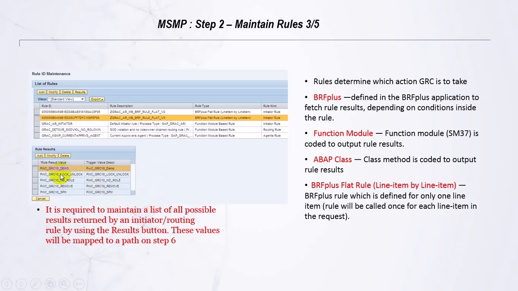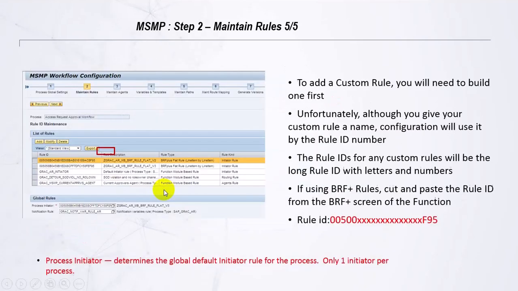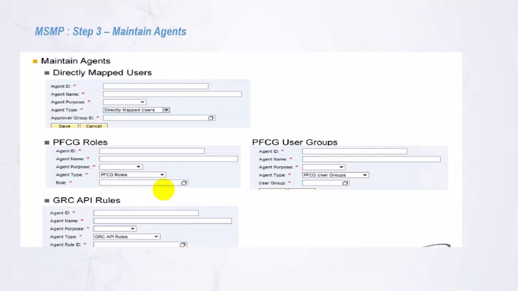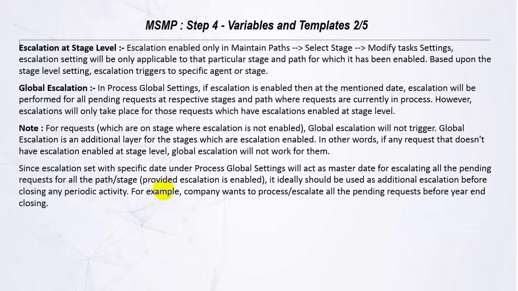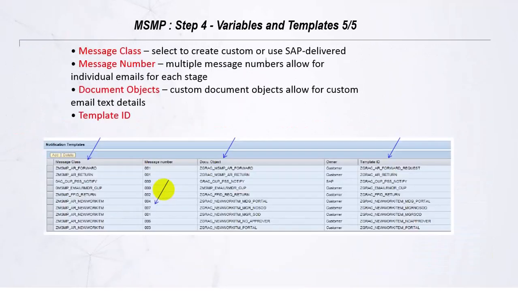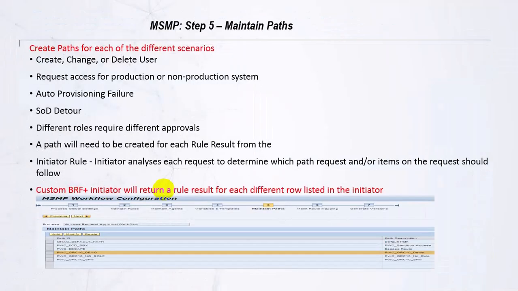But if we create custom, we will map in the fifth stage, the fifth stage for each path.